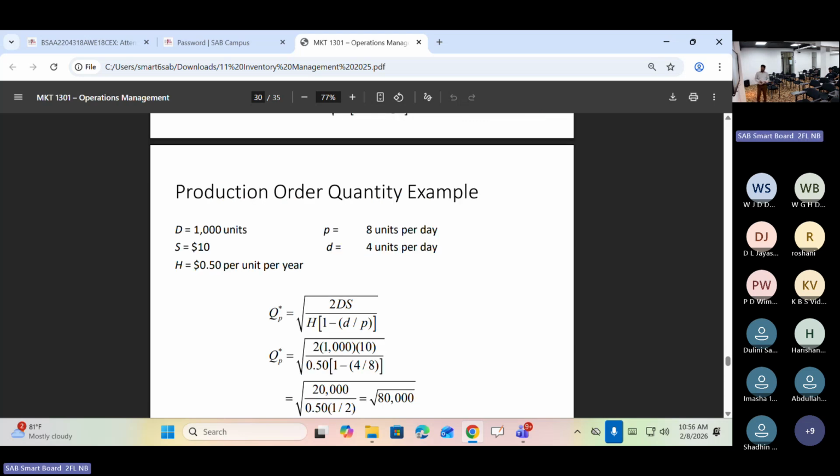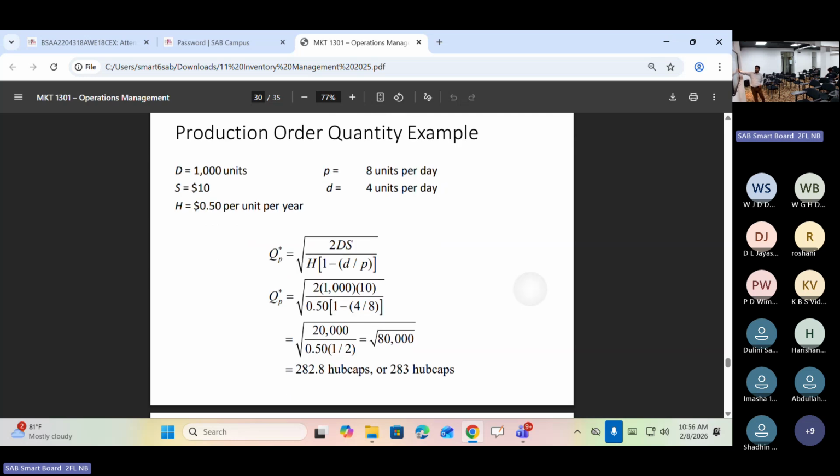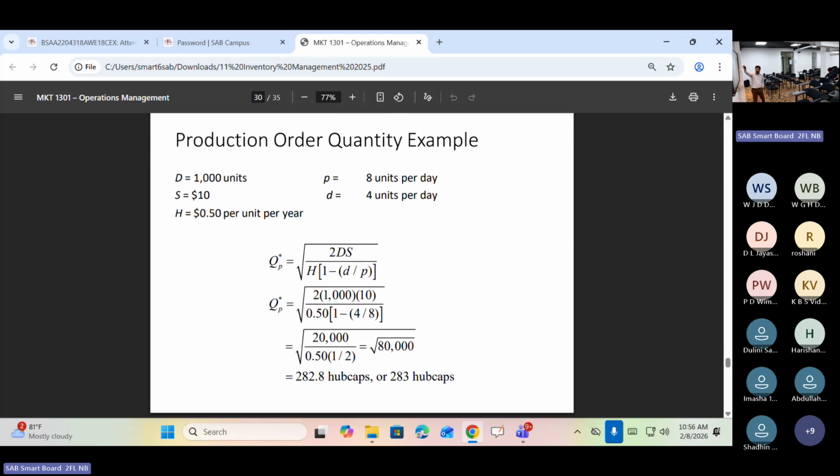If you are given information like this: assume that annual demand is 1,000 units, holding cost is $0.5 per unit per year, and setting up cost is $10 per setup, and simply P, daily production, 8 units per day.